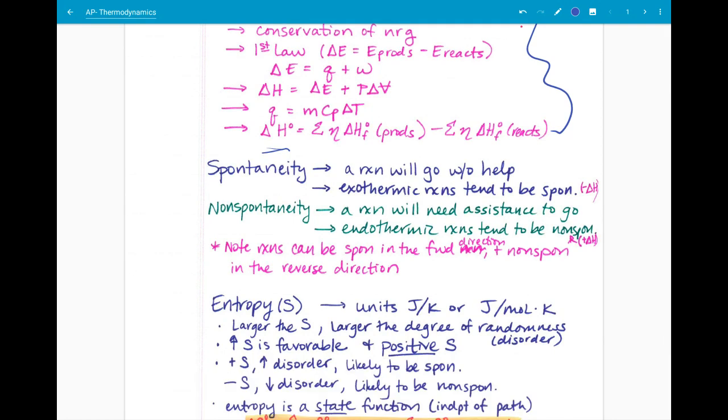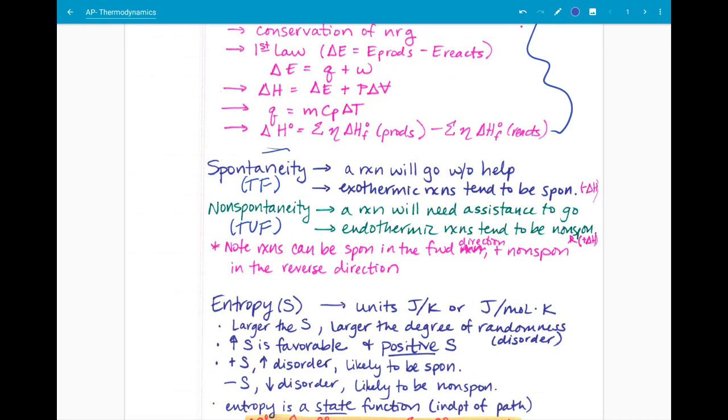So spontaneity. In the current terms, we're going to say thermodynamically favorable, and for non-spontaneous, we're going to say thermodynamically unfavorable. That is the new verbiage that AP and College Board would like us to use. A spontaneous reaction will go without help, and exothermic reactions tend to be spontaneous.